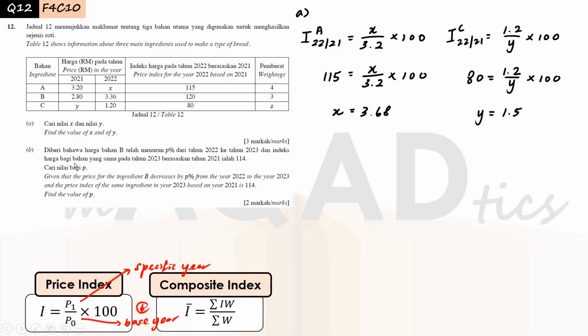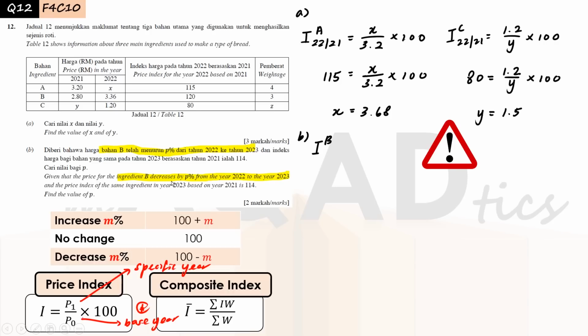And for part B, we are given that the price of ingredient B decreases by P% from 2022 to 2023. So this is actually a percentage decrease, and usually we can form a price index. Here we are focusing on ingredient B, so our price index will be IB. To change this percentage decrease to the price index, we can use this table.